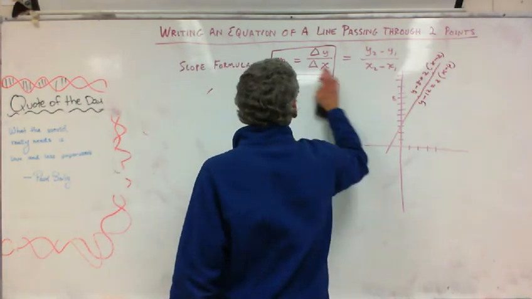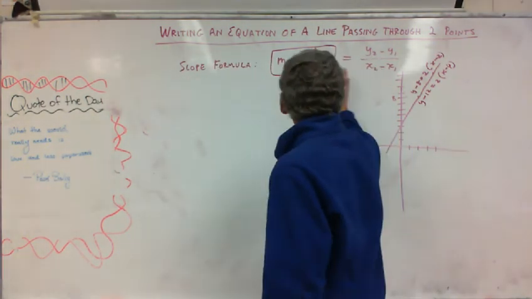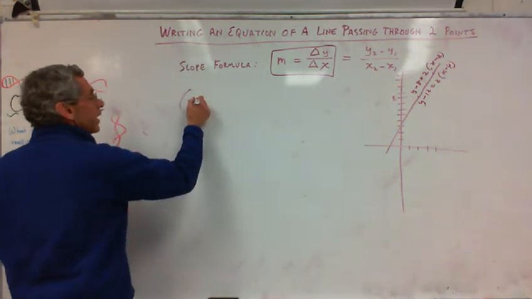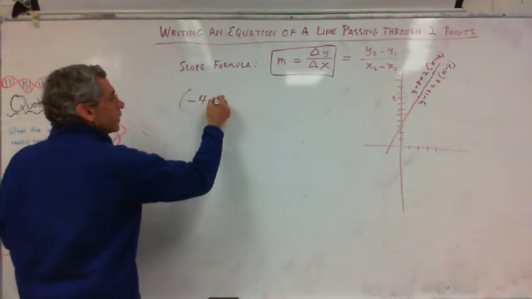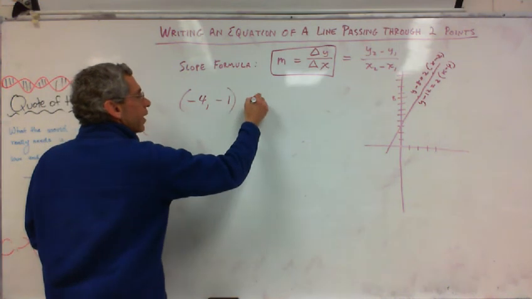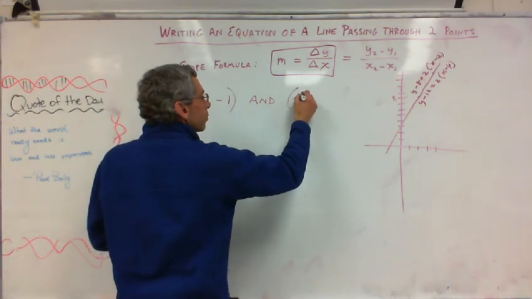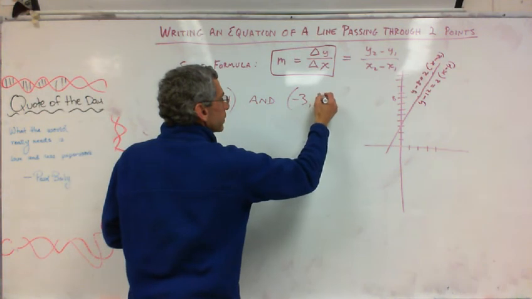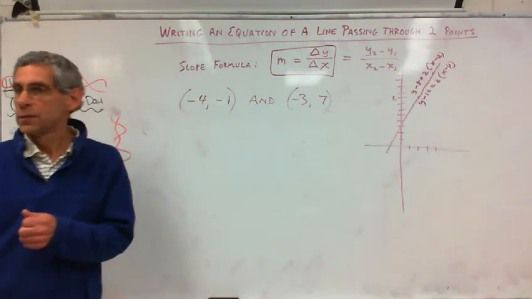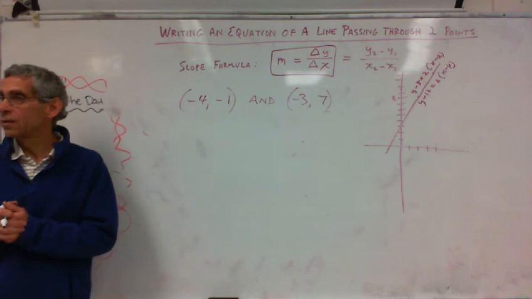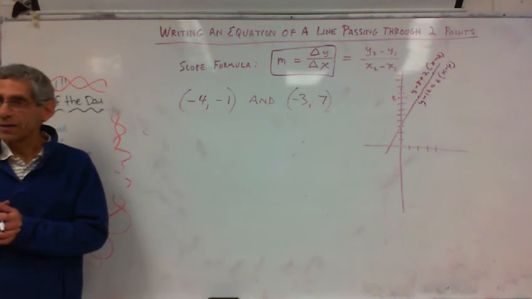You guys help me with this, okay? All right, so let's say I have this, -4, comma, -1, and -3, comma, 7. I want to write an equation of the line passing through those 2 points.